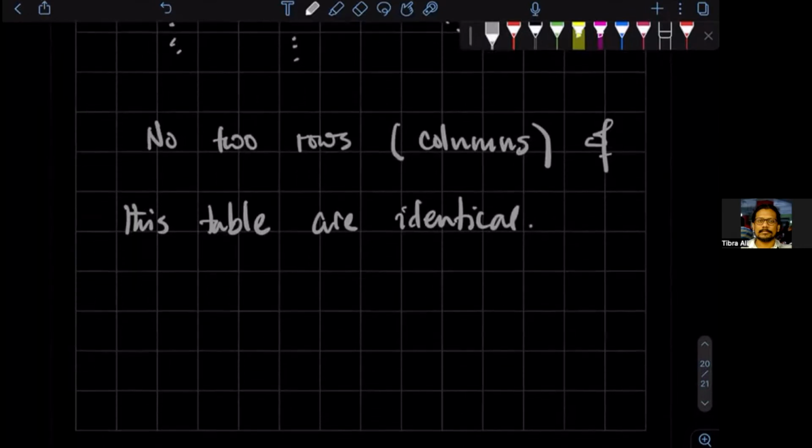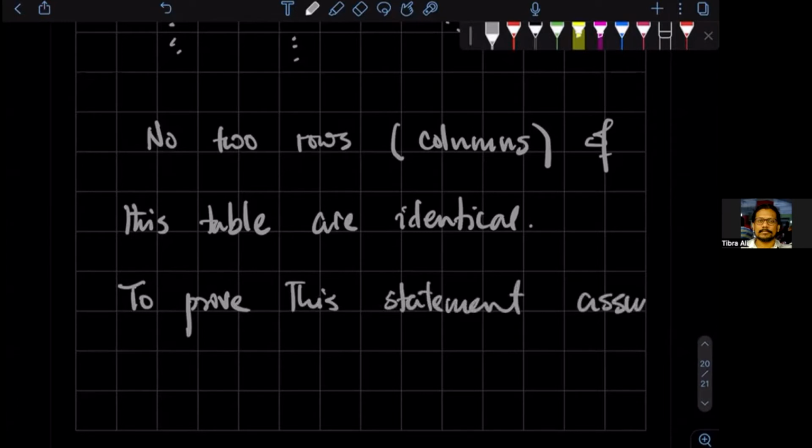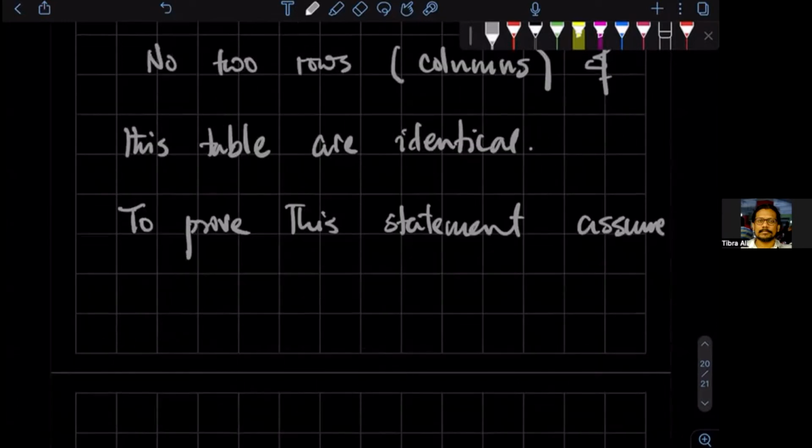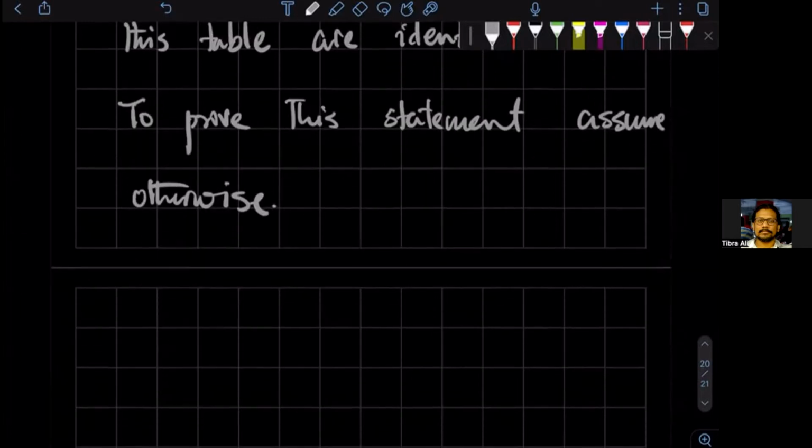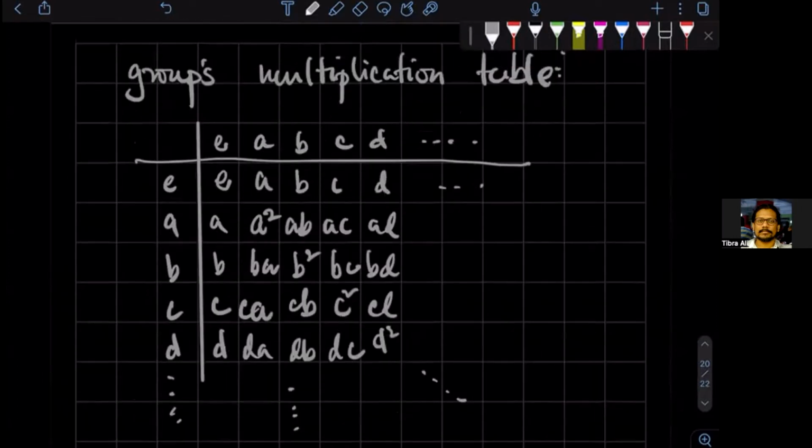So to prove the statement, assume otherwise. So for example, say from the A row, which is the A row? The A row is this one, right? This is the A row, okay?